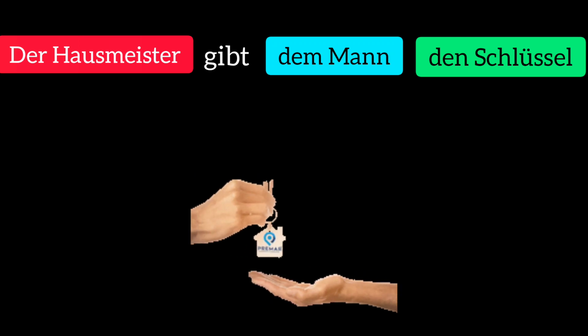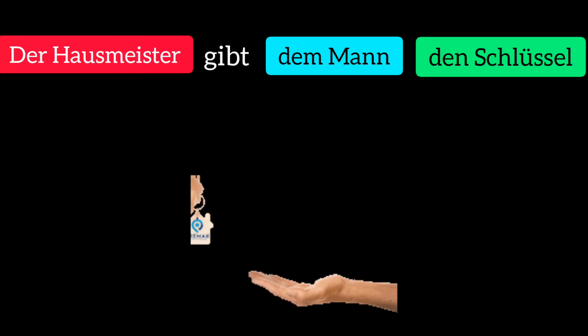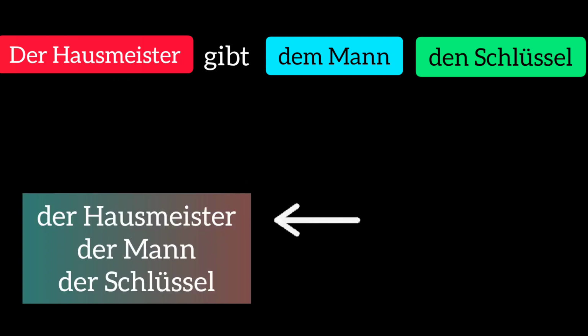In this sentence, we can see we have three nouns: der Hausmeister, der Mann, and der Schlüssel. In order to demonstrate how the nouns change their articles depending upon the case in which they come in a sentence, I have written all three nouns in their basic form, that is, their nominative form.